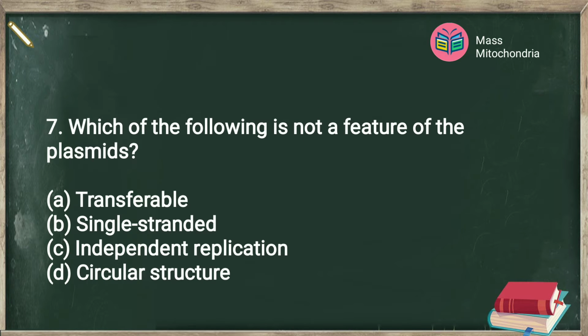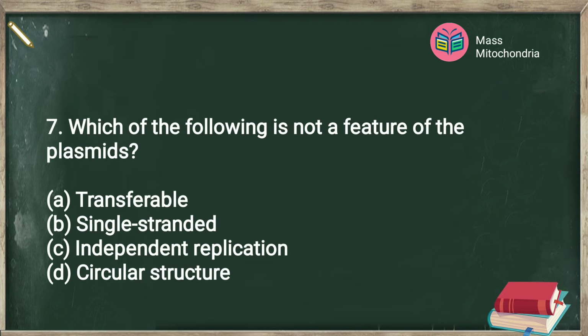Question number 7. Which of the following is not a feature of plasmid? Option A, transferable. Option B, single stranded. Option C, independent replication. Option D, circular structure.